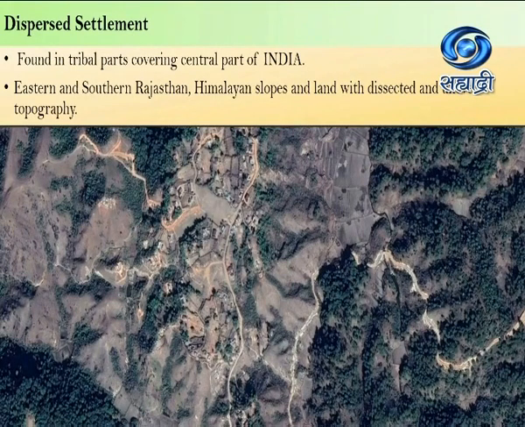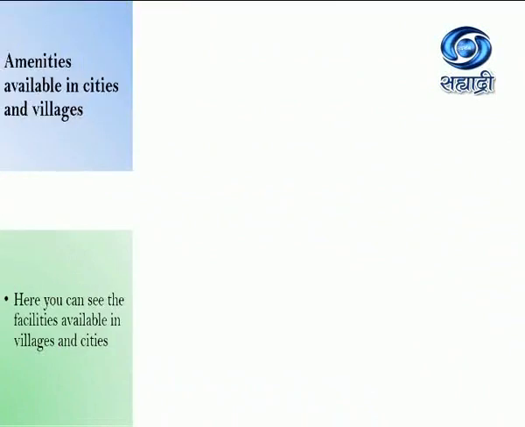Even in eastern and southern Rajasthan, as it is a desert area, Himalayan slopes, a mountainous area as I told you, and land with dissected and uneven topography. Any such area where the topography, that means the structure of land, is not fit for living together properly.